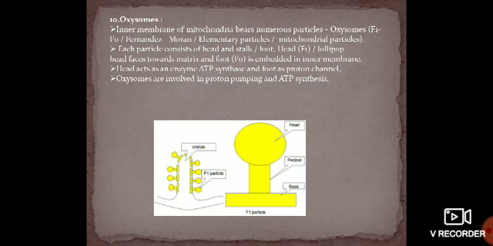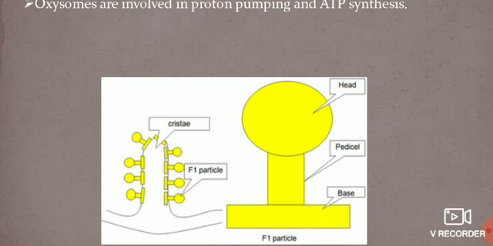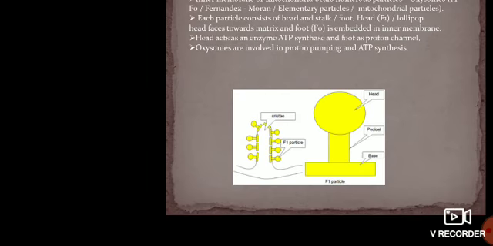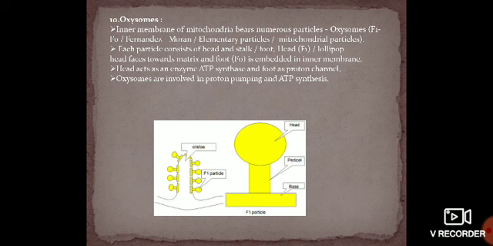Overall it can be called an F1 particle, but usually the head part is called the F1 particle and the base part is called the FO particle. This F1 particle is also called Fernandez-Moran particle, elementary particle, or else mitochondrial particle.